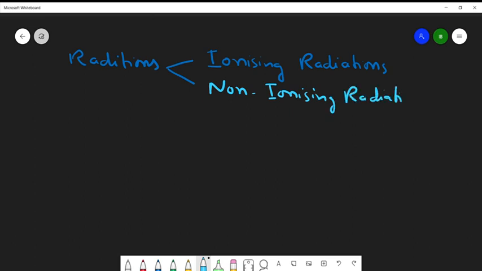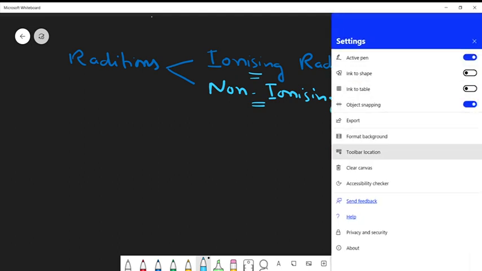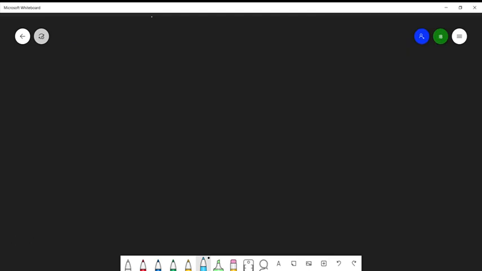So we will here briefly try to differentiate between ionizing and non-ionizing radiations. Let us talk about a few points of difference between them. I will make two columns here.